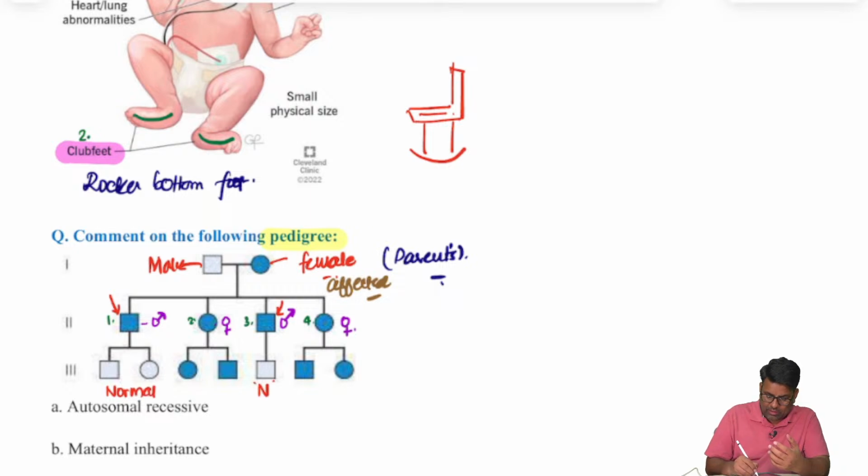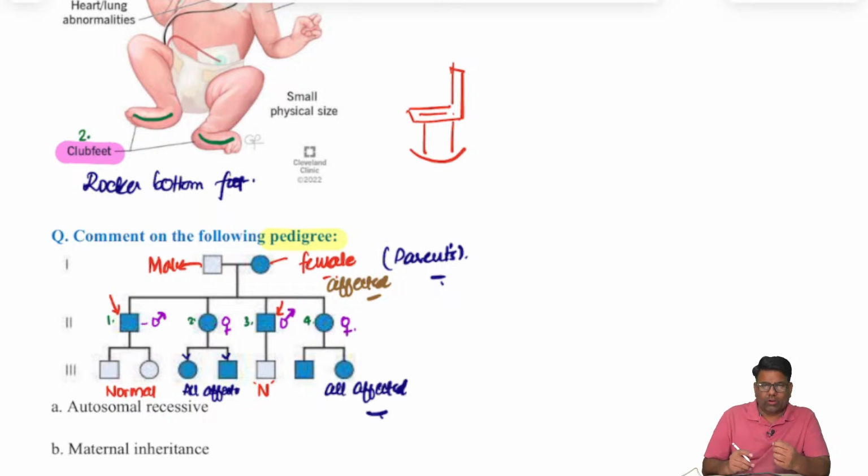So you can see the affected male is not transmitting the disease to the offspring. Now in relation to the female, the female is again passing the disease to all the offspring. You can see here, all affected.